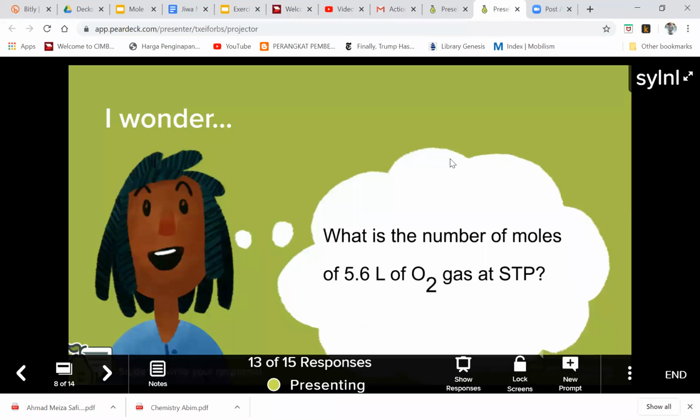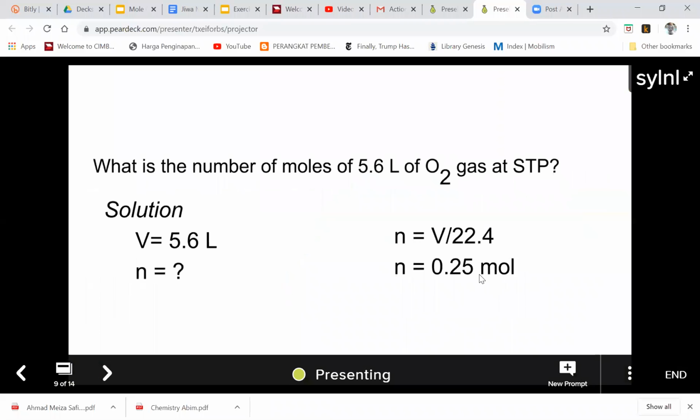Okay, let's see the answer. Yes, the answer is 0.25 mole. Thank you to the ones who got the true answer. How to find the 0.25 mole? You are given the volume of the gas, 5.6 liters, and it is at STP.